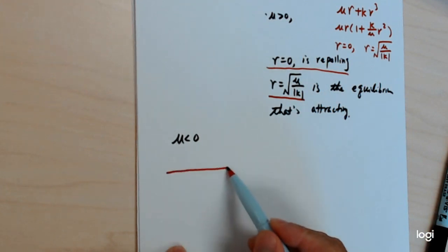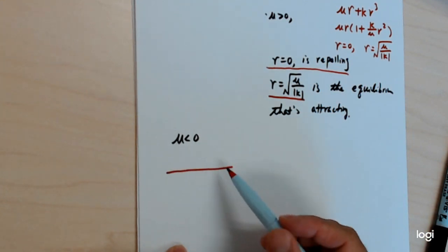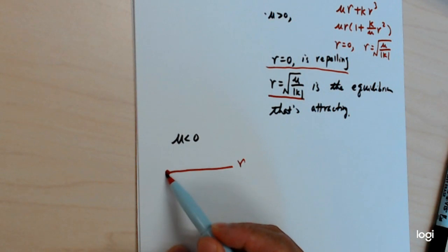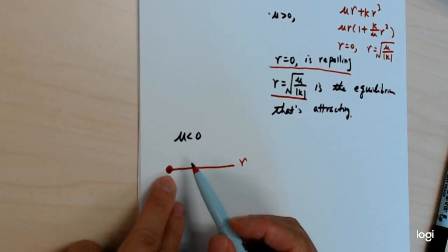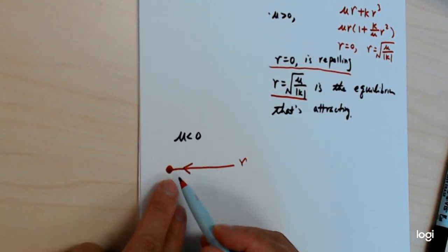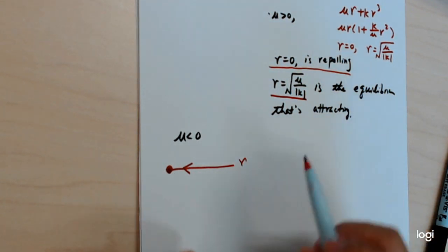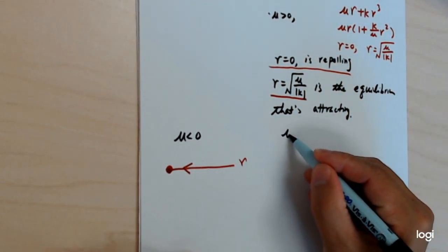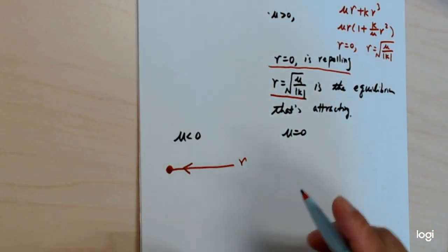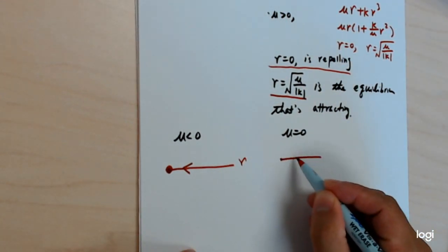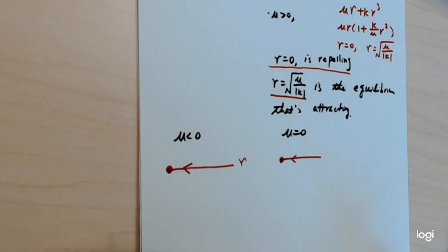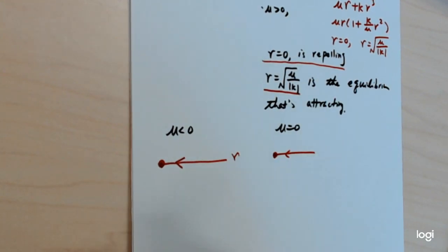So this is essentially the r axis. This is the r. R equals 0 is the only equilibrium, and all the trajectories will approach 0. Mu equal to 0. Actually, it's also approaching the origin because it's stable, just slower.